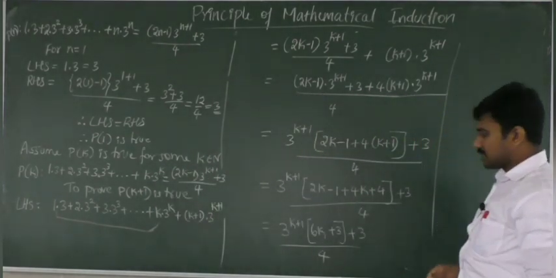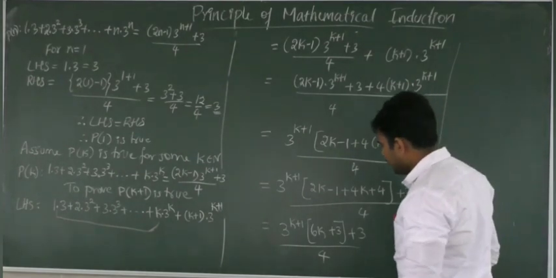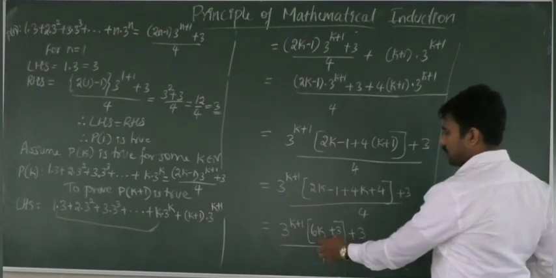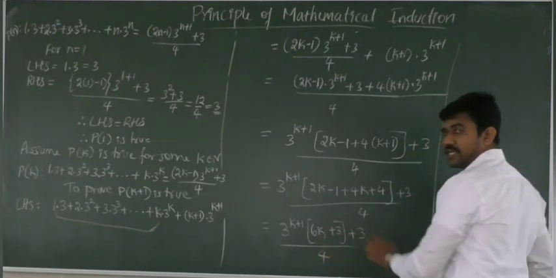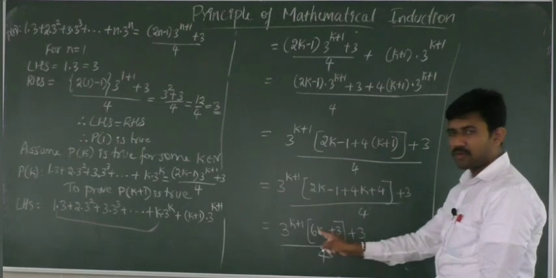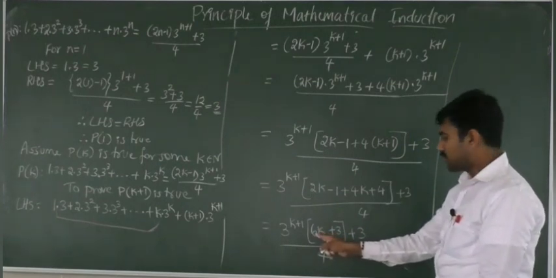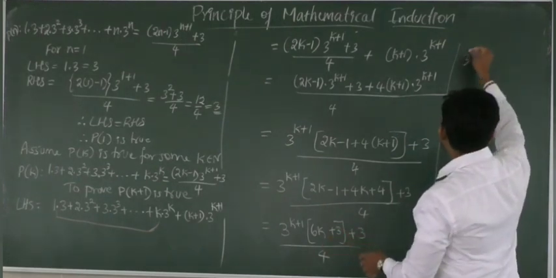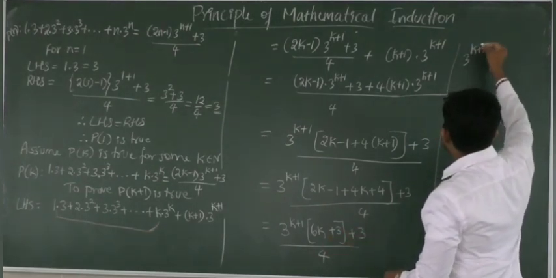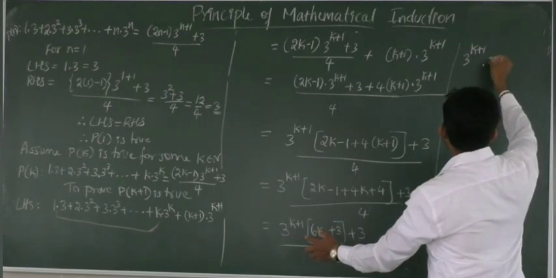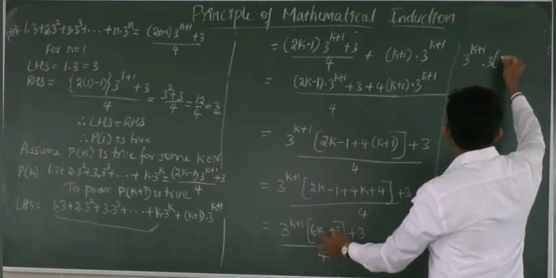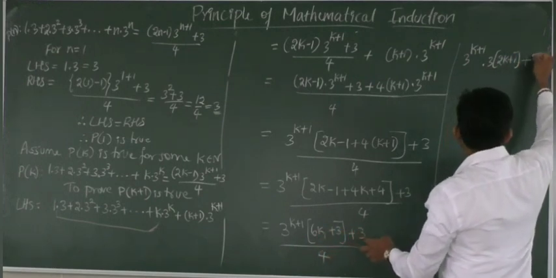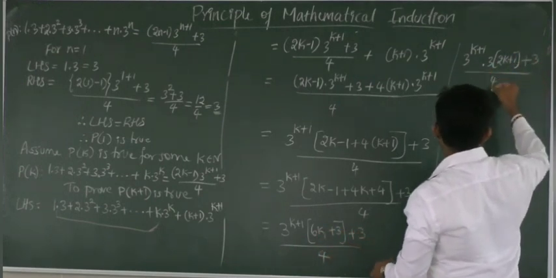Now, see what is the next step we have. In the next step, that is 3 to the power (k plus 1) into, from these two terms, can you take 3 as common? Of course, you can take it: 3 twos are 6 and 3 ones are 3. So 3 to the power (k plus 1) as it is, and if you take 3 as common here, you get (2k plus 1), plus 3 as it is outside, whole divided by 4.